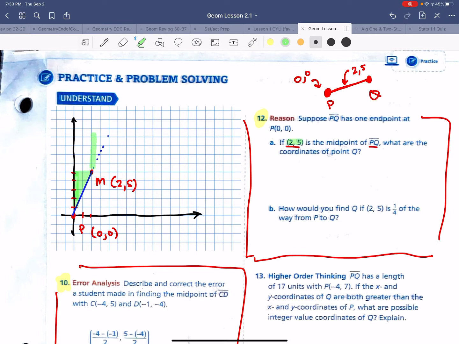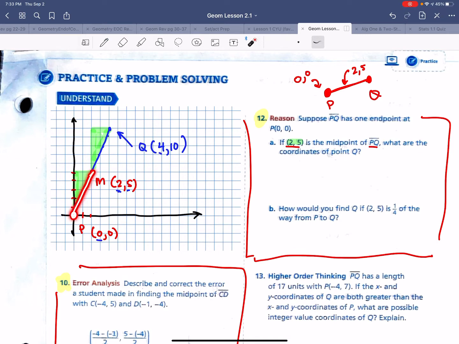And now we're just going to do that again, up 5 over 2. And we should arrive at the endpoint we're looking for, right? So we believe that this point there should be point Q, because if the middle was 2, 5, then the endpoint should be 4, 10. And hopefully that kind of makes sense with that pattern.